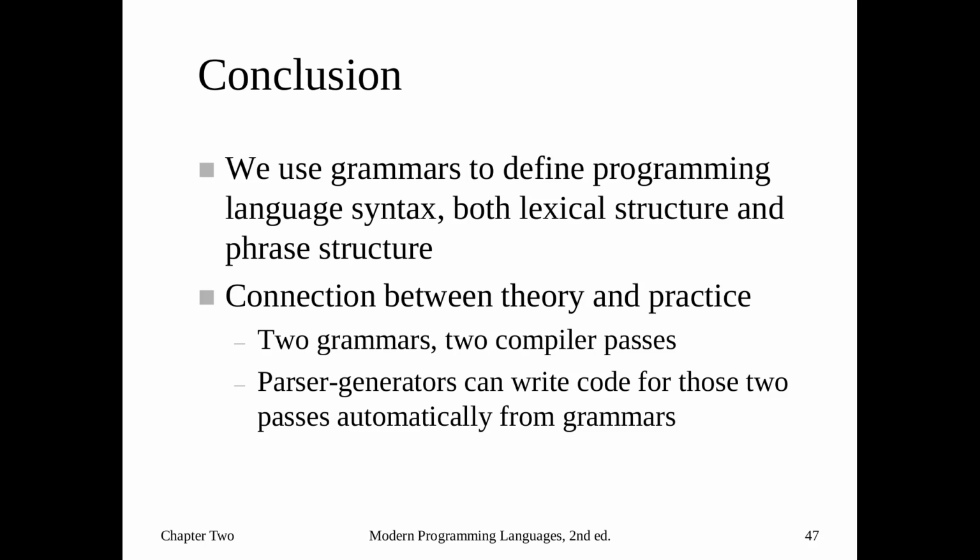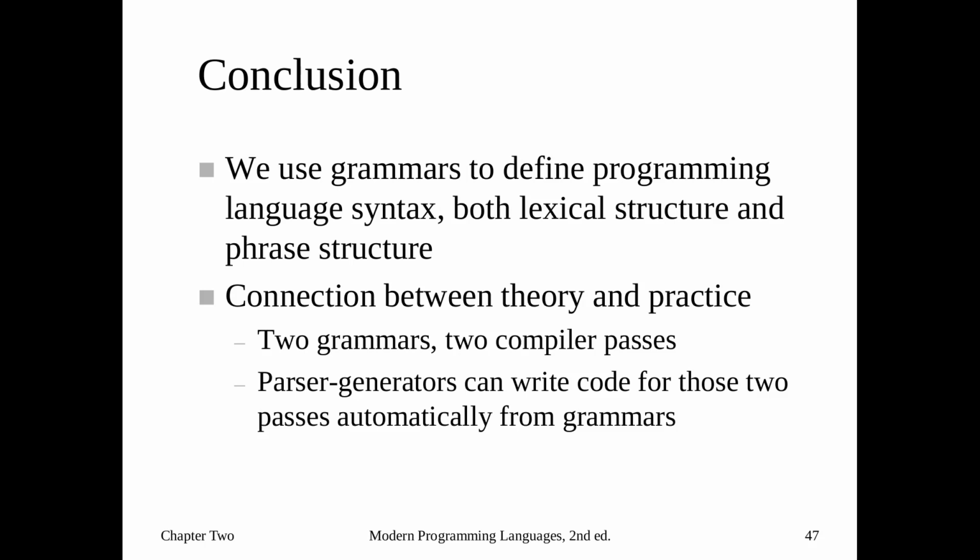In conclusion, basically we use these types of grammars to describe any type of programming language syntax. Lexical structure, as well as phrase structure, can be defined using these grammars, and that's the basis for compiling. There's a connection between theory and practice. So we know that these two types of grammars connect to the fact that we have two major compiler passes.